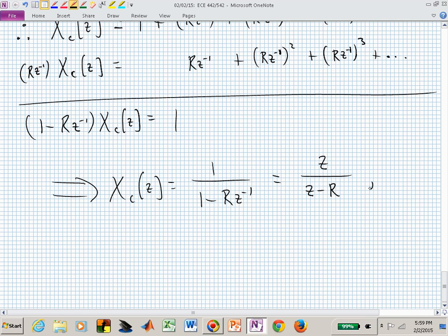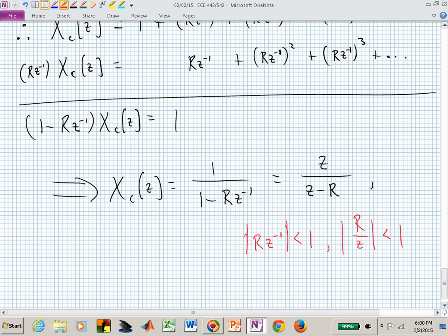And that converges. That Z transform exists as long as rz to the minus 1 is less than 1. But we can rewrite that as the magnitude of r over z less than 1.